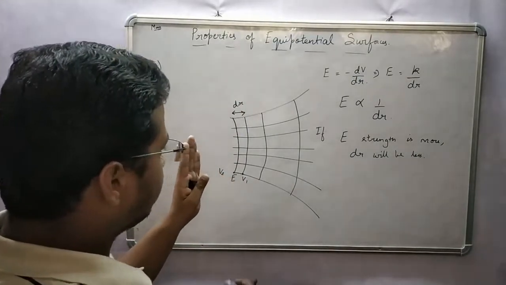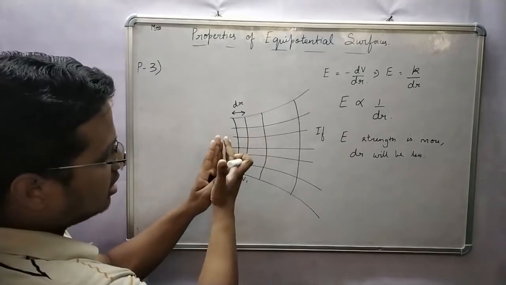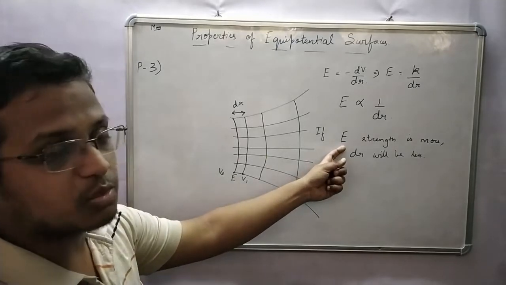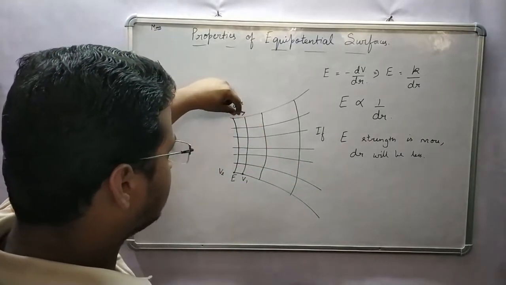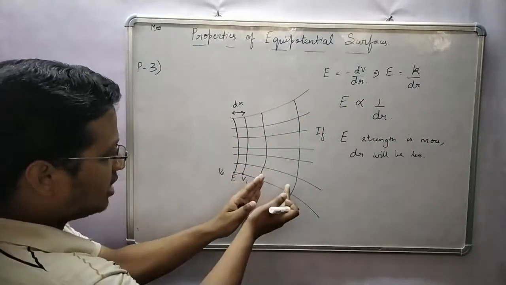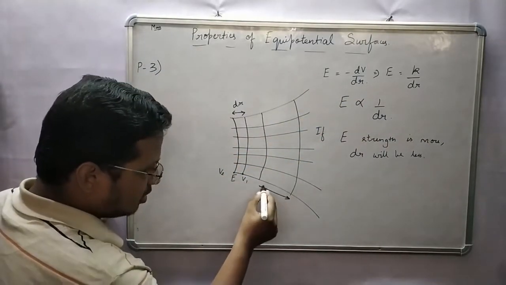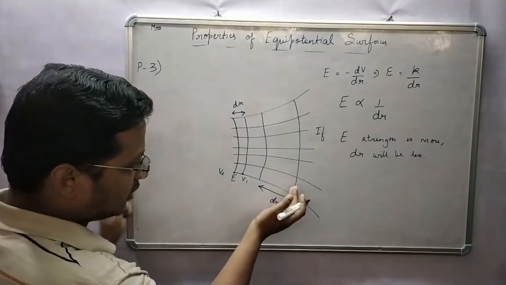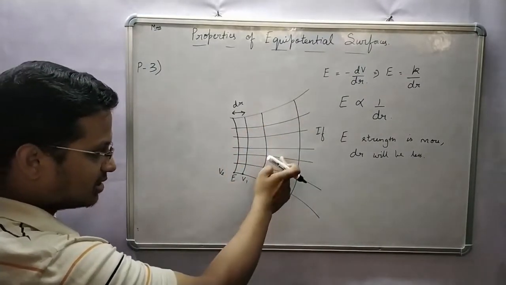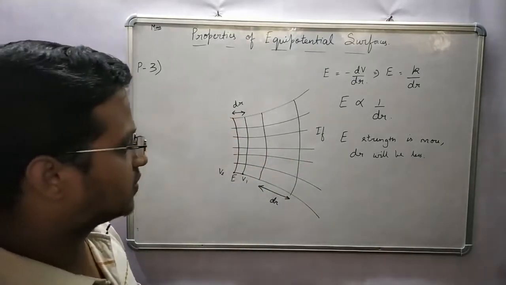So if equipotential surfaces are nearer to each other, in that region electric field strength is more, or if dr is less, the electric field strength is more. If dr is more, as you can see here, the spacing between two surfaces is more, so electric field strength is less compared to the previous case.